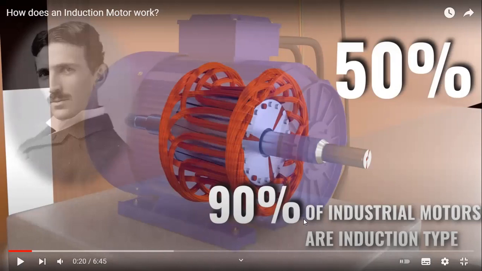And 90% of industrial motors are induction motors. The main reasons are that the induction motor is very robust, it is maintenance free, and we can control its speed very easily. That is why we are using the induction motor.